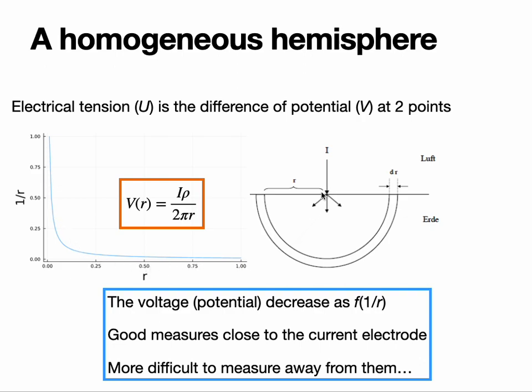So if you measure V close to the point of injection, you will have a high value, and if you measure far away, you will measure very small values. So good measurements can be taken close to the current electrodes, but it's more difficult to get accurate measurements away from them. So keep that in mind.